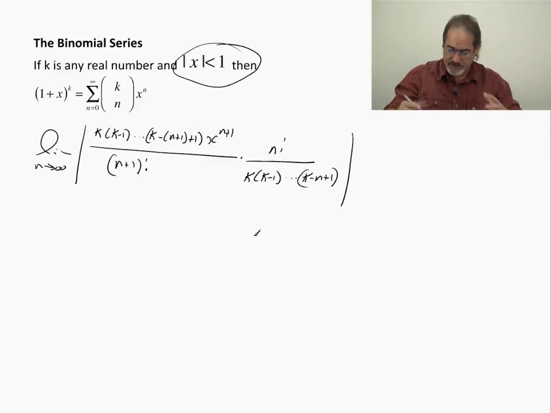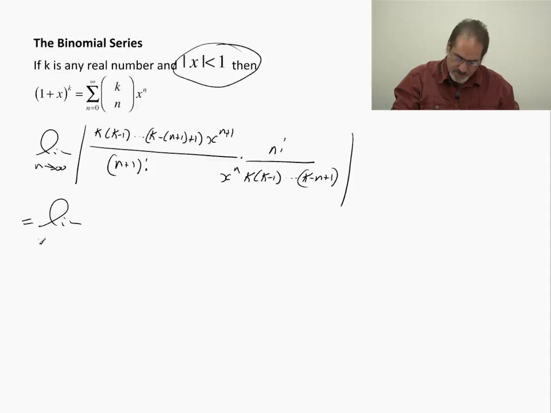So I'm going to rearrange these. Oops, I need an x^n right there. So this equals the limit as n goes to infinity. Let's put my factorials and everything all over top of each other. Actually it's k - n, because this is k - n - 1 + 1, so that's just k - n.